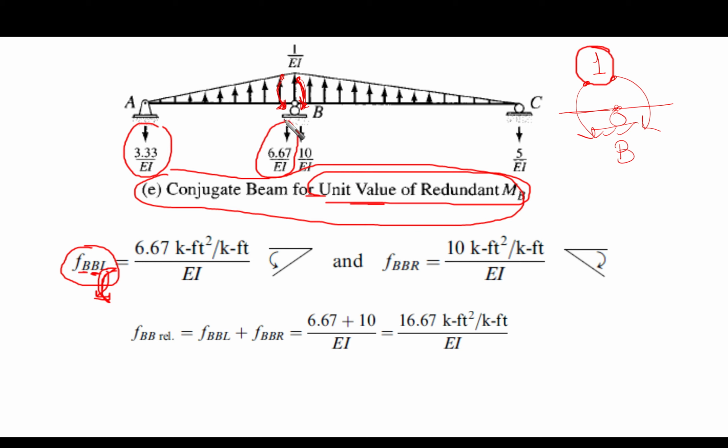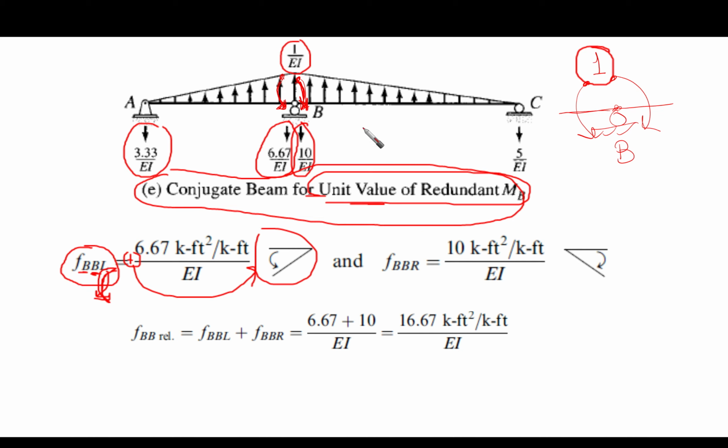This means that for our case, this is going down 6.67 from the right. It is supposed to be positive, and positive means counterclockwise. This is the elastic reaction of this shape, a triangle with a base of 1 over EI and another base, the distance BC.